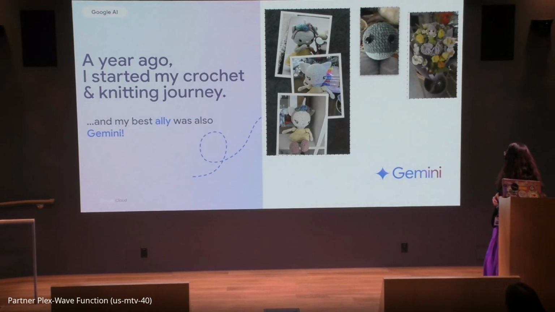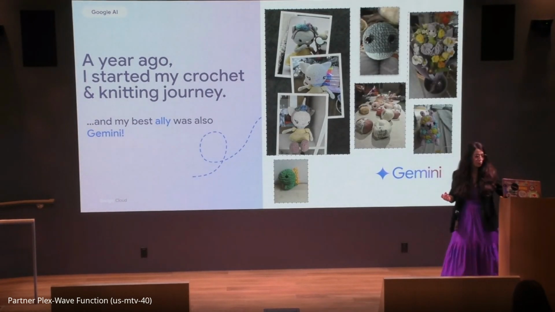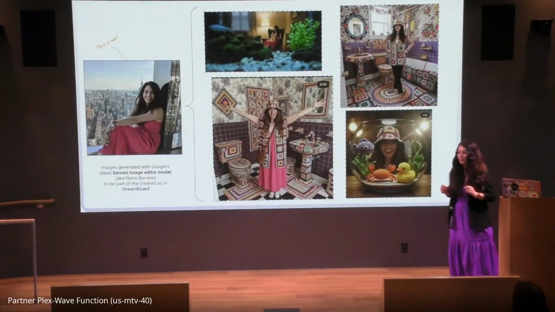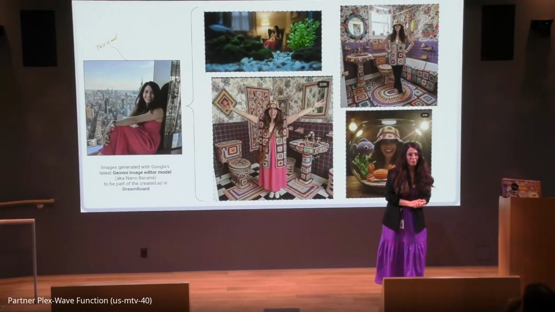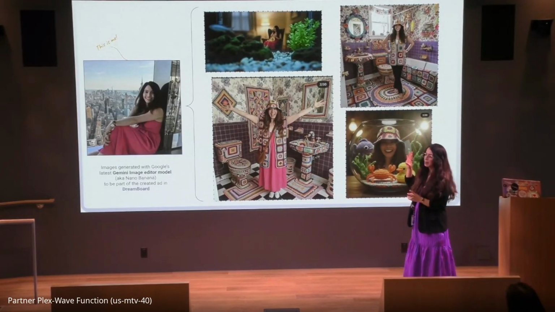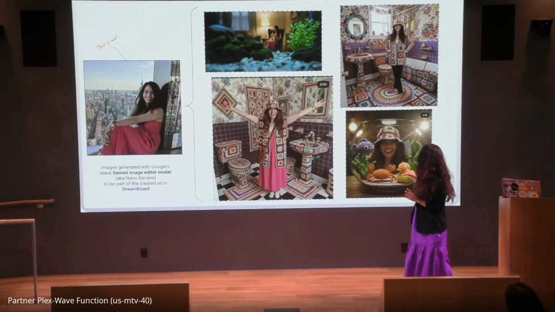That's how I became a little better in all the projects I've been producing. I thought it was a good opportunity to be the star of the show. You might have noticed I used one of my images from one of my trips to New York. And if you saw the latest announcement of the latest image editing model with Gemini, aka Nano Banana, I used that model to put myself into the different scenes.